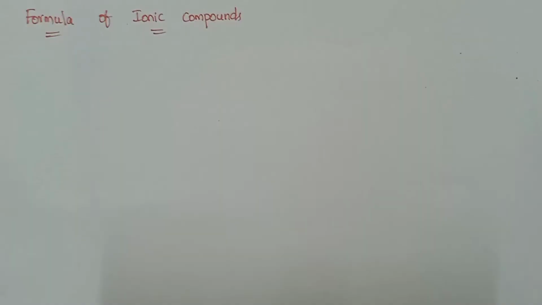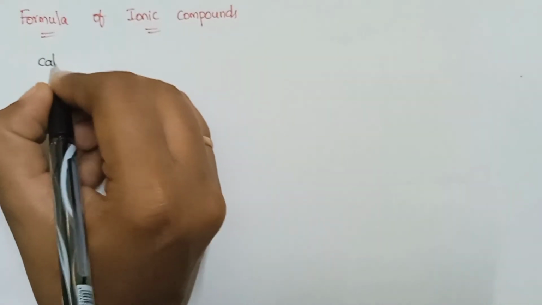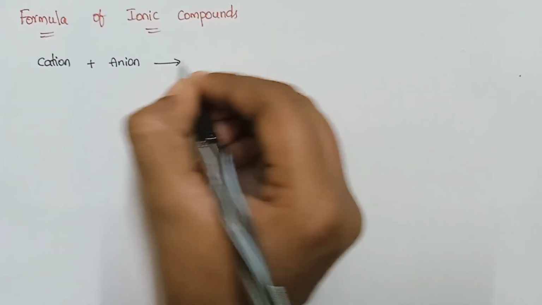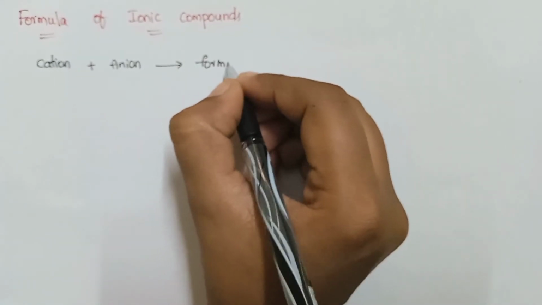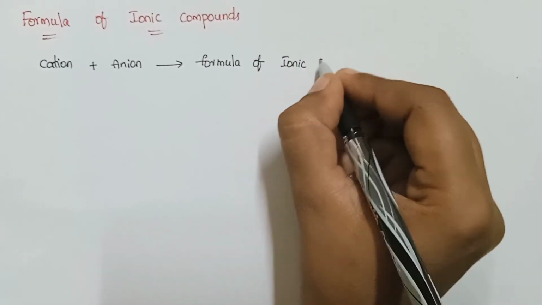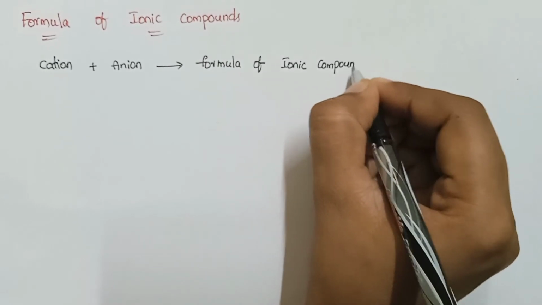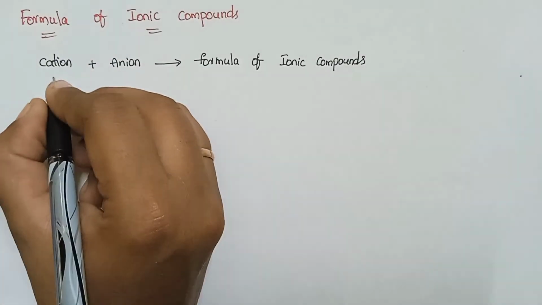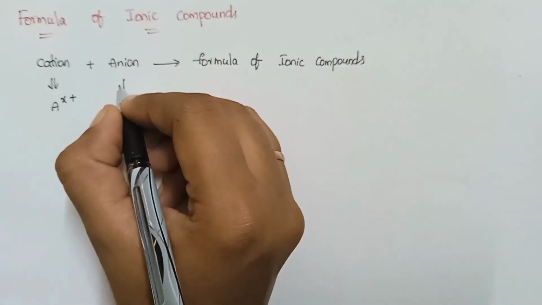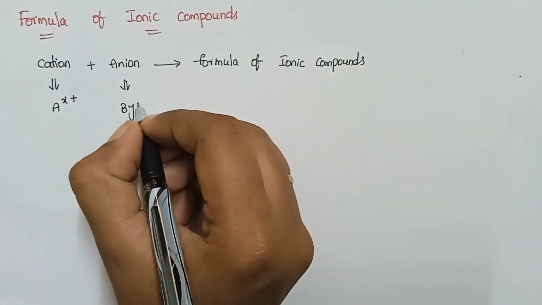The next topic, formula of ionic compounds. So cation plus anion gives rise to the formula of ionic compounds. So cation A X plus and anion B Y minus.